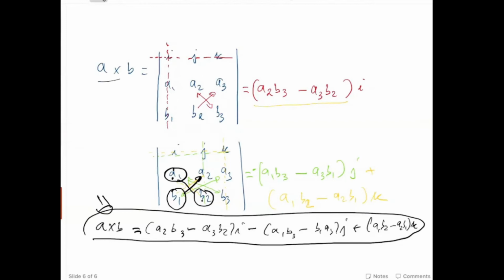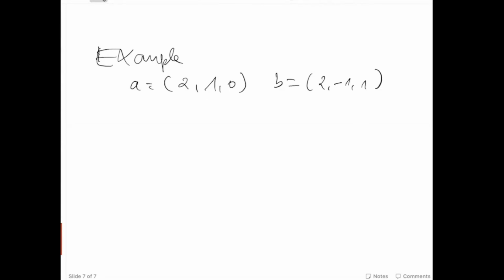or derive it yourself. If we take an example, given two vectors A equal to 2, 1, 0, and B equal to 2, minus 1, and 1, you are asked to evaluate A cross B. We use our disposition I J K, 2, 1, 0, 2, minus 1, and 1.